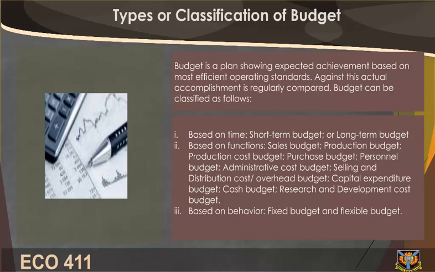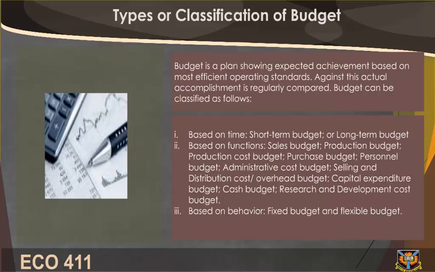Types or classification of budget. Budget is a plan showing expected achievement based on most efficient operating standards. Against this, actual accomplishment is regularly compared. Budget can be classified as follows: 1. Based on time, short-term budget or long-term budget. 2.